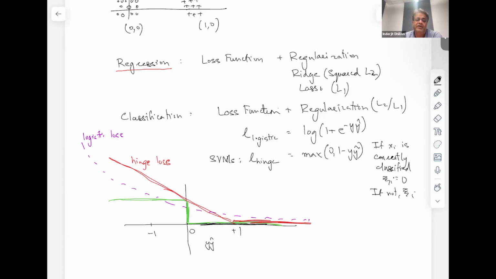So you can think of this as an approximation. It is a convex function, although it is not differentiable at this point. So the upshot is that this formulation is very prevalent in supervised learning, both in regression and in classification. I just wanted to repeat that today. Any questions before I move on to clustering?